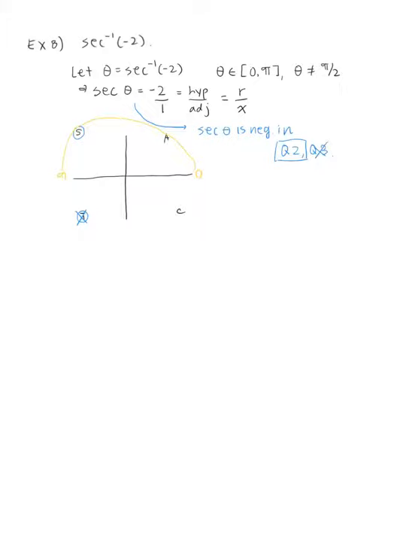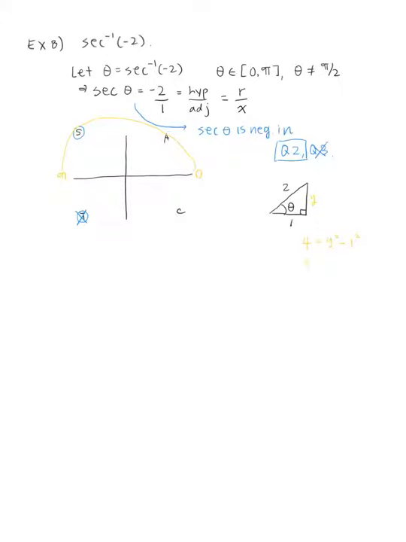So the triangle that we're going to get is hypotenuse is 2, adjacent side is 1, so this is our angle theta. Let's just call this length maybe y or something like that. So we have 4 equals y squared minus 1 squared.